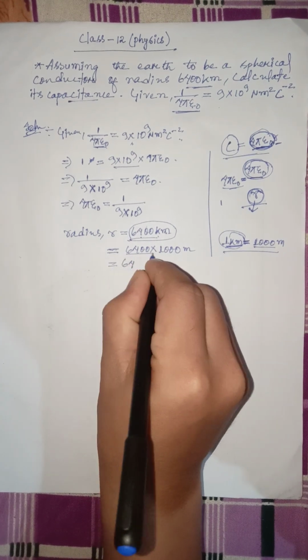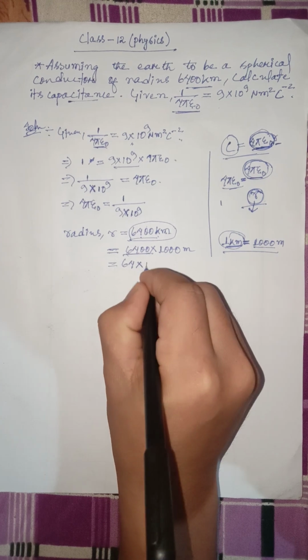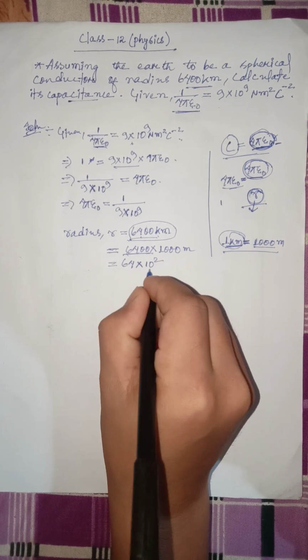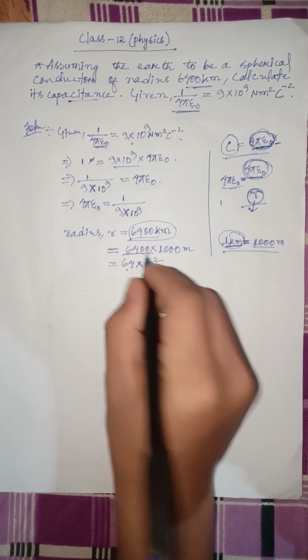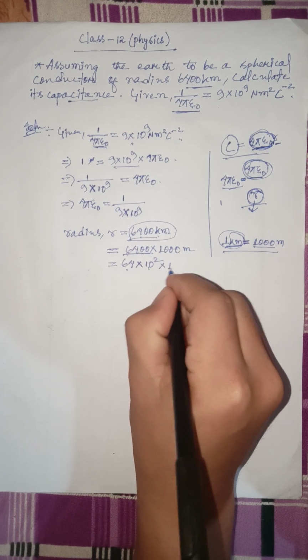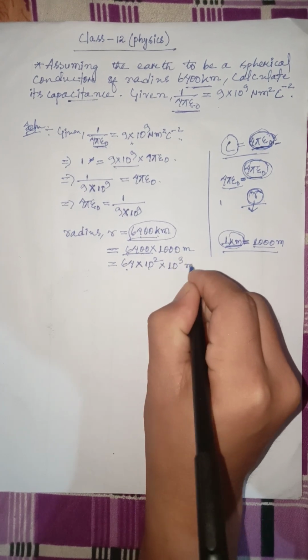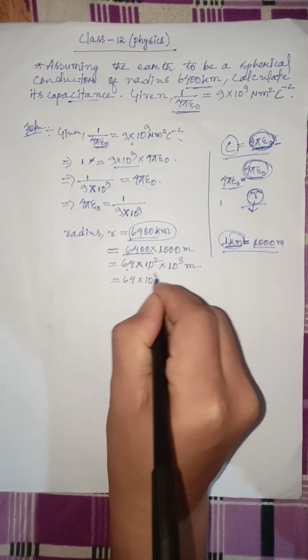Now let us try to break this. First let us split this one. 10 square means 100. If you multiply this 100 with this, then it will get this. How many zeros do we have? 1, 2, 3. That means it will be 10 to the power 3. And right after this, 64 into 10 square.